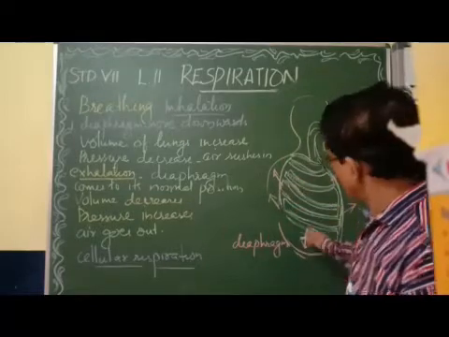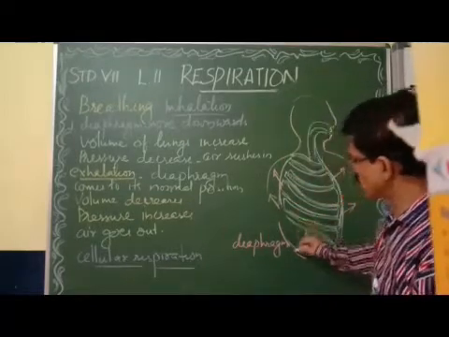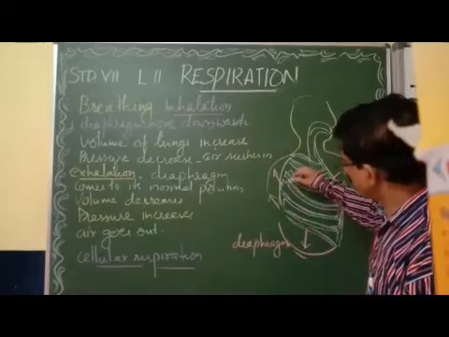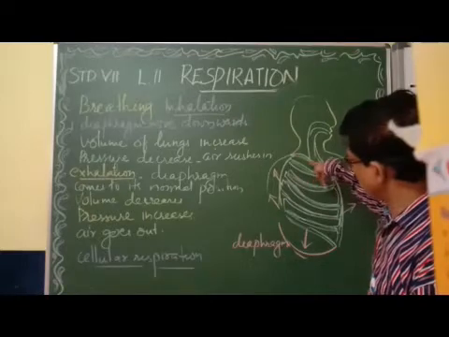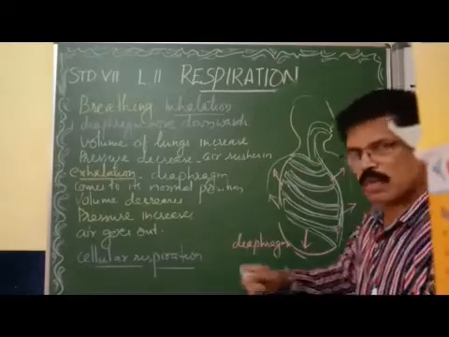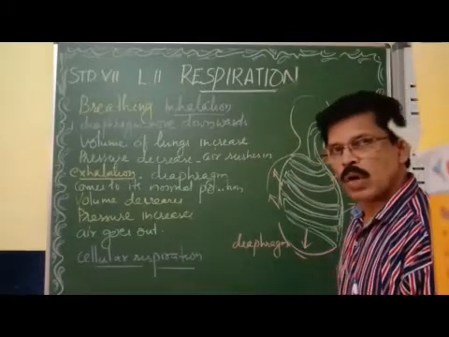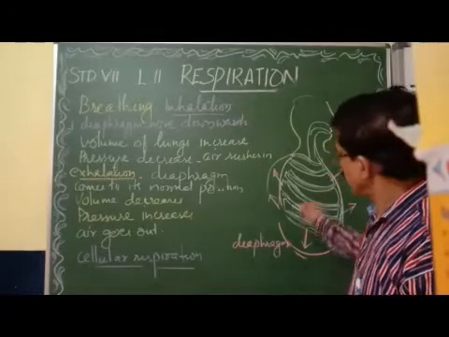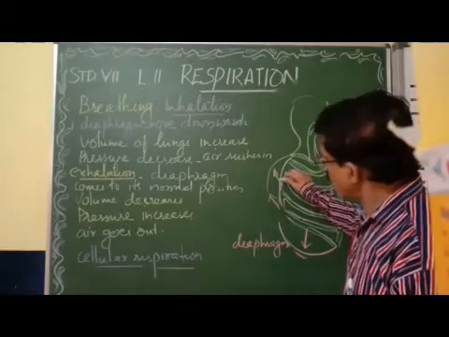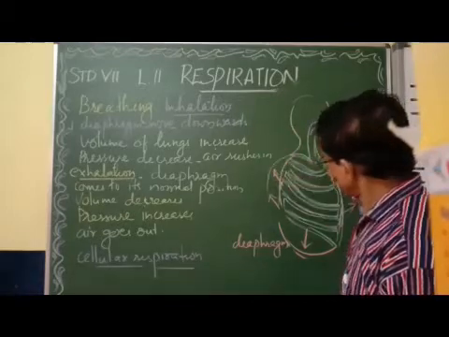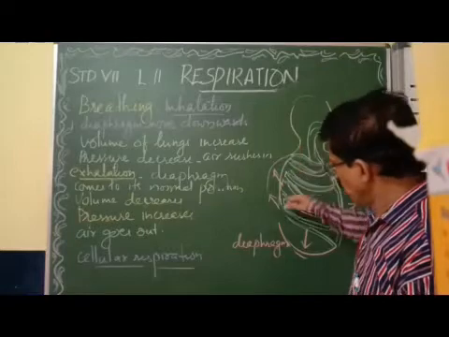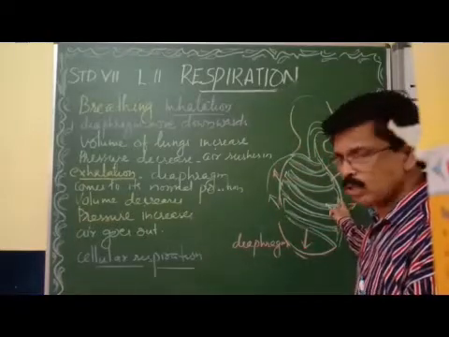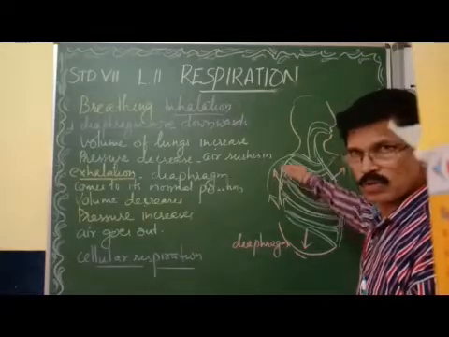During inhalation, the diaphragm moves downwards, and the ribs, which cover or protect our lungs, or chest cavity, or thoracic cavity, now move upwards. So the diaphragm moves downwards and the ribs move upwards, due to the rib muscles.